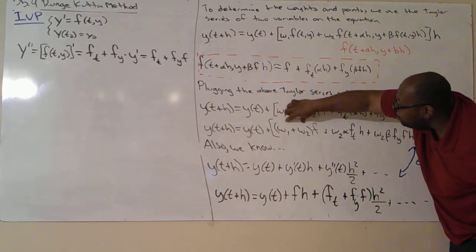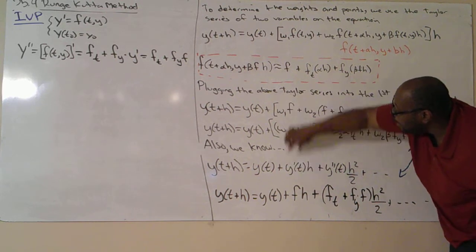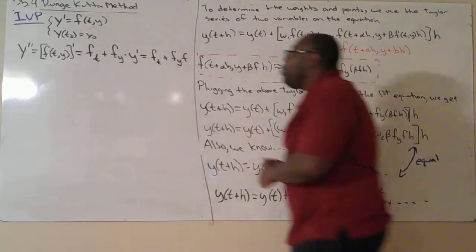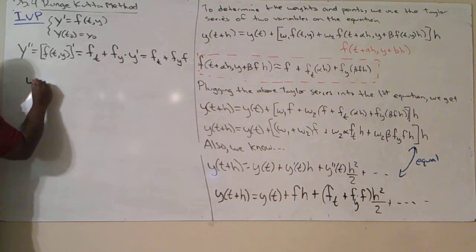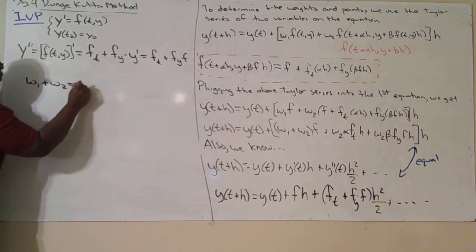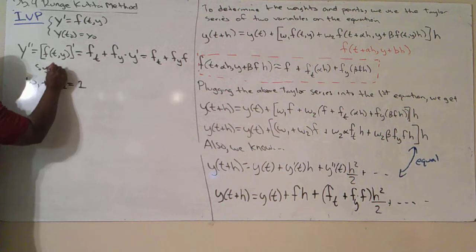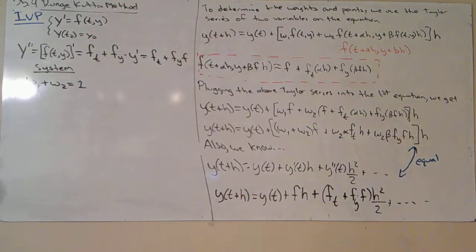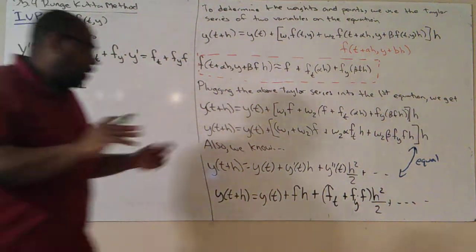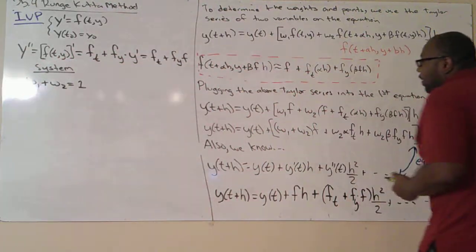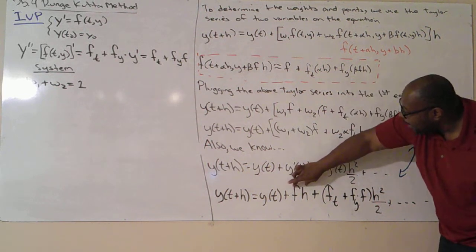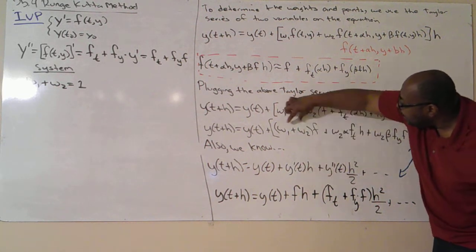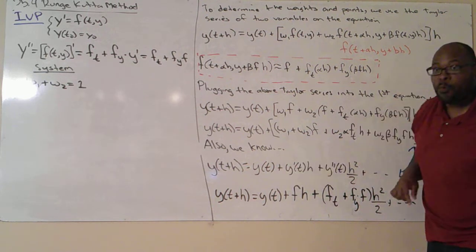So if these two things are equal to each other, then W1 plus W2 has to be equal to 1. I want you to think about that for a little bit. I know this is a lot of stuff to keep in your mind, but I want you really to think about it. This is really f times h, and I have an f times h here. If these are equal to each other, then W1 plus W2 has to be equal to 1.